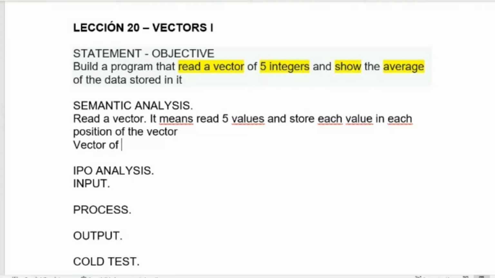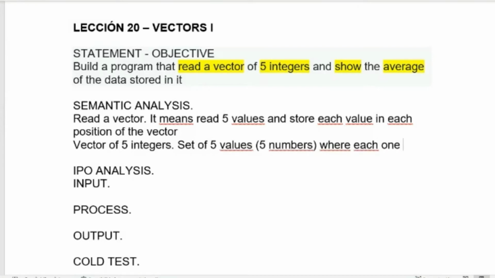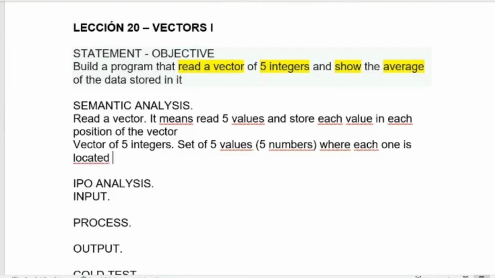A vector of 5 integers is a set of 5 values or 5 numbers where each one is located in a single box. Okay? This is the position.